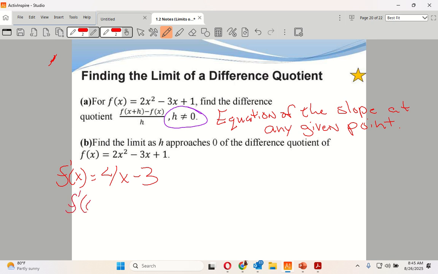F prime of 0 is going to be -3. So what is that telling me? That means at the point where x equals 0 on my line, the slope is going to be -3. That's the slope of the tangent line, but we're really not getting too far into that yet.